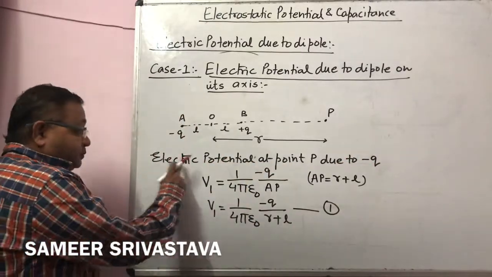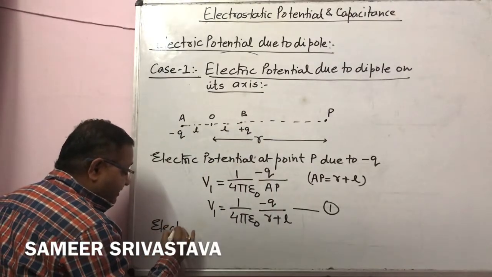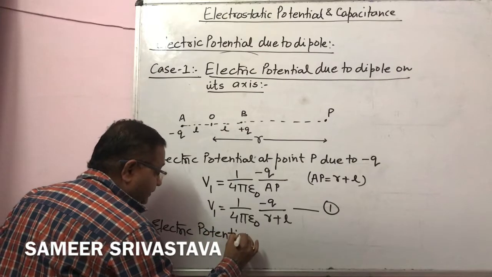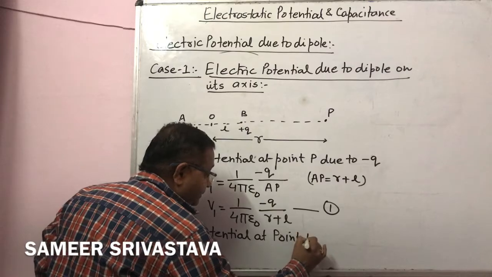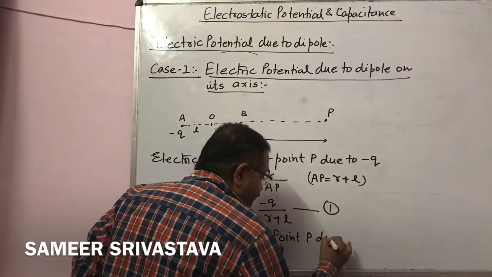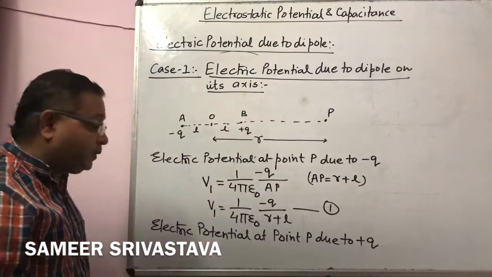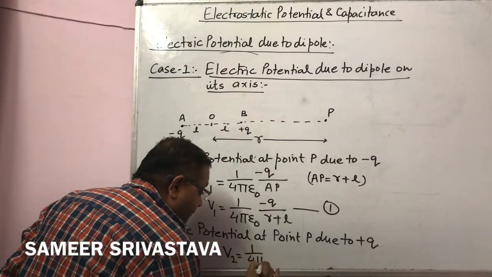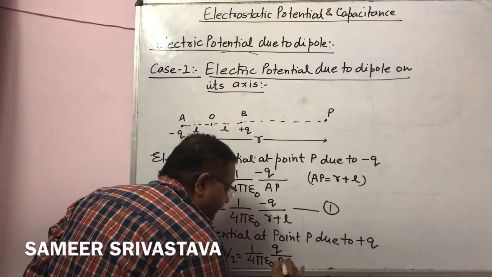Now again repeat this concept for the positive charge. Electric potential at point P due to plus q. Now what about the value? V2 is equal to 1 upon 4 pi epsilon naught, plus q upon BP.